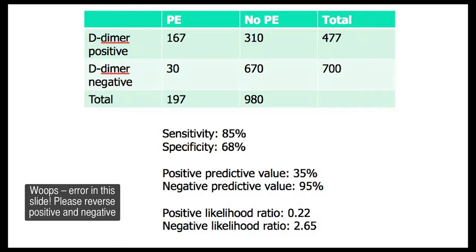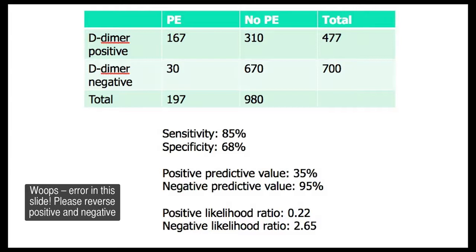So let's just focus on the numbers here. So this is the calculated negative likelihood ratio, 0.2. And that's a pretty good value. It's quite close to 0.2, and so that tells us that the D-dimer is pretty good at telling us that the test result, if negative, is associated with the absence of the disease.